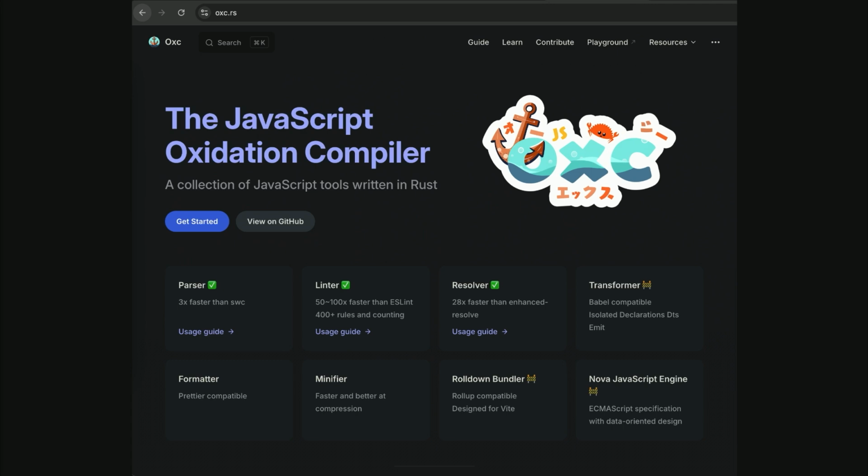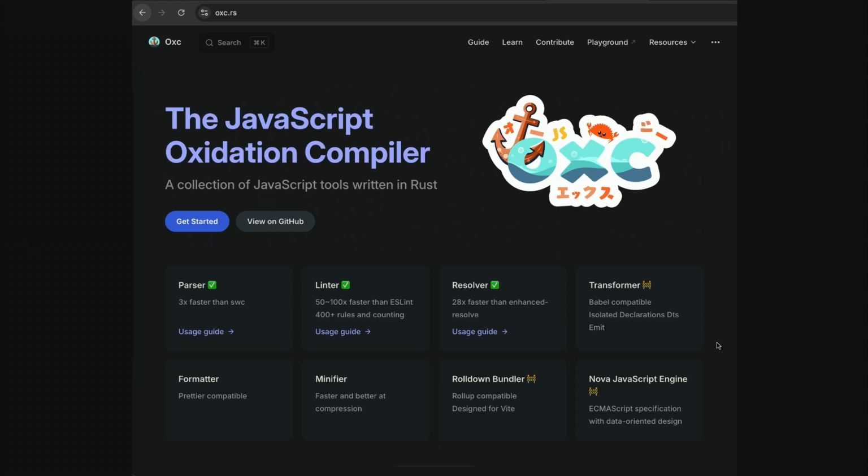The completed tools are the first three: a parser that is 3 times faster than SWC, a linter that is 50 to 100 times faster than ESLint, and a module resolution tool called Resolver, which is 28 times faster than Webpack's enhanced-resolve. What we are currently working on is a transformer that is Babel compatible, and it also has a feature called isolated declarations DTS emit.